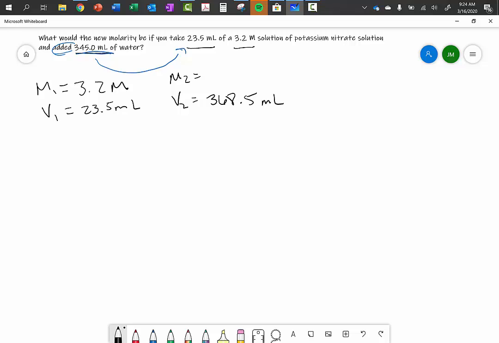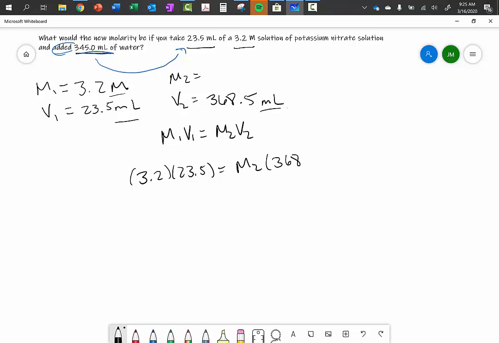So this is actually a straightforward dilution problem where I know that M1V1 is equal to M2V2. I don't have to worry about conversions as long as I'm consistent. In this case, I have milliliters on both sides. So I'm just going to set this up as 3.2 times 23.5 is equal to M2 times 368.5.